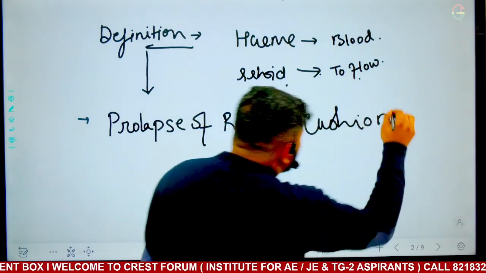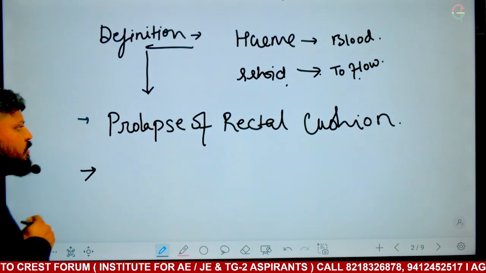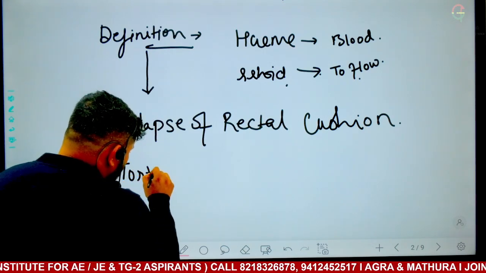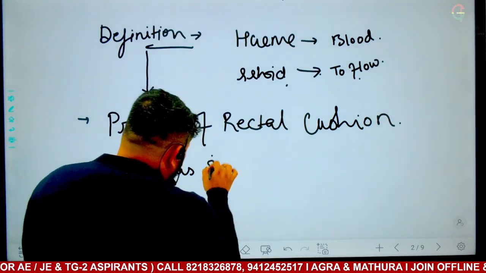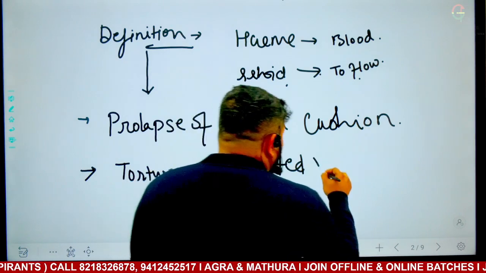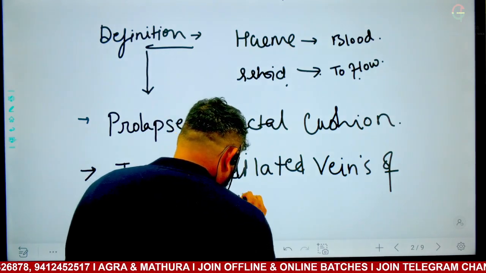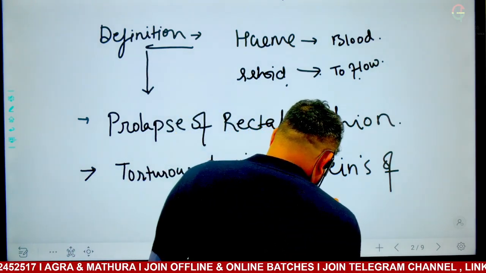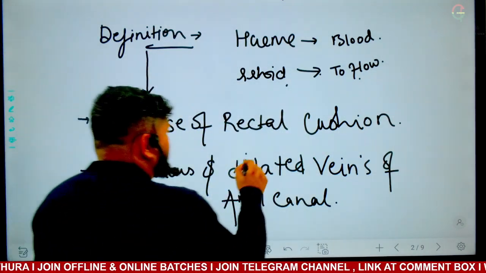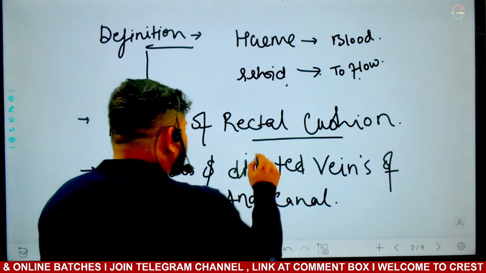Or another definition you will come across in different books: tortuous and dilated veins of the anal canal. Any confusion? Now we will cover some anatomy and I'll make this definition clear.